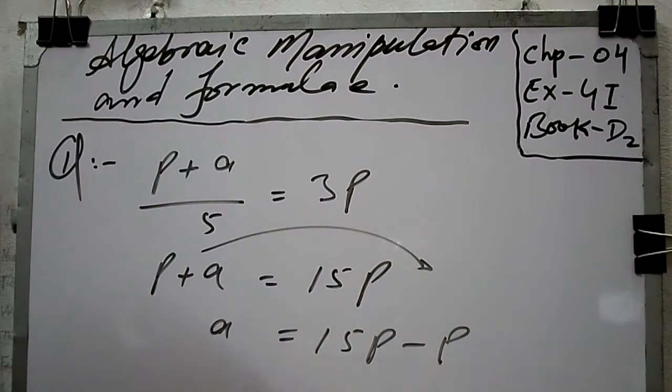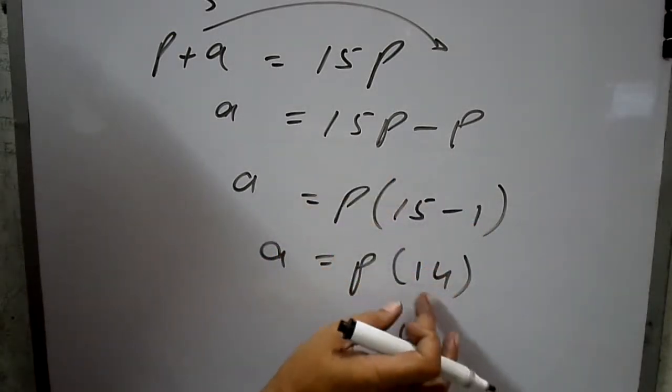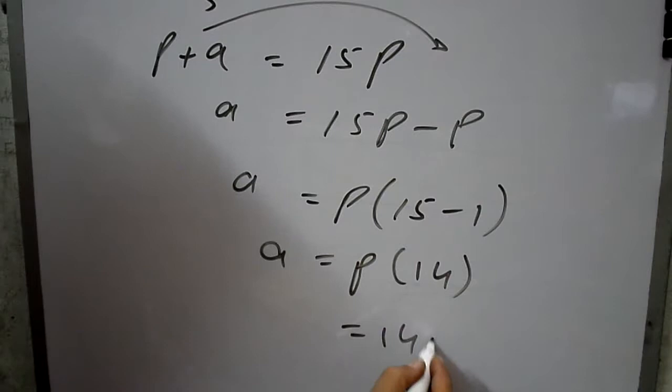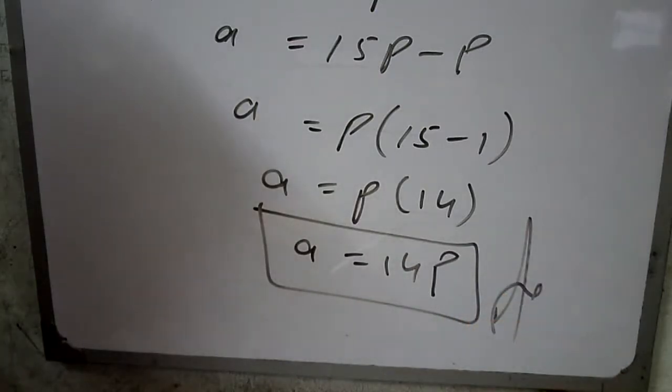So you can take common, that is 15 minus 1, and the value of A is 14p. So you can take common, so that is 14p, and that is your result.